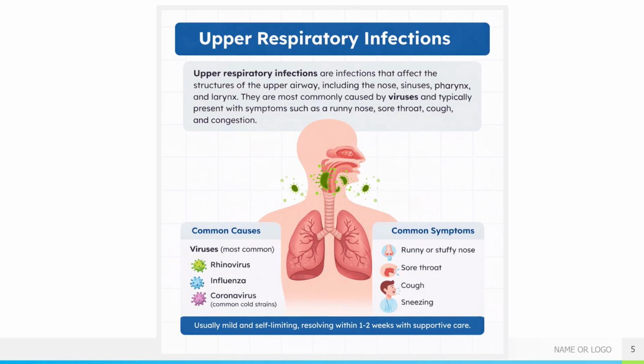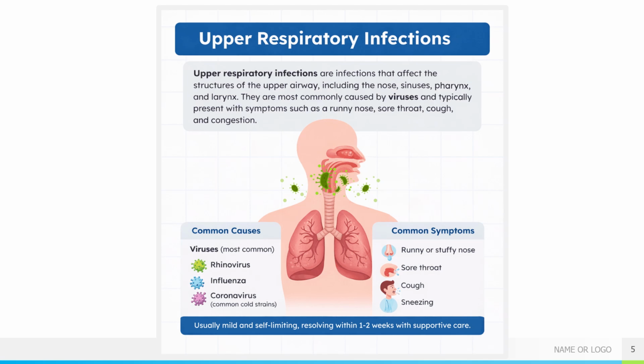Risk factors and common causes. The most common cause of URIs is a viral infection, and some common viruses include rhinovirus, which is the most common cause of the common cold, and influenza virus or coronavirus that may cause common cold illness.